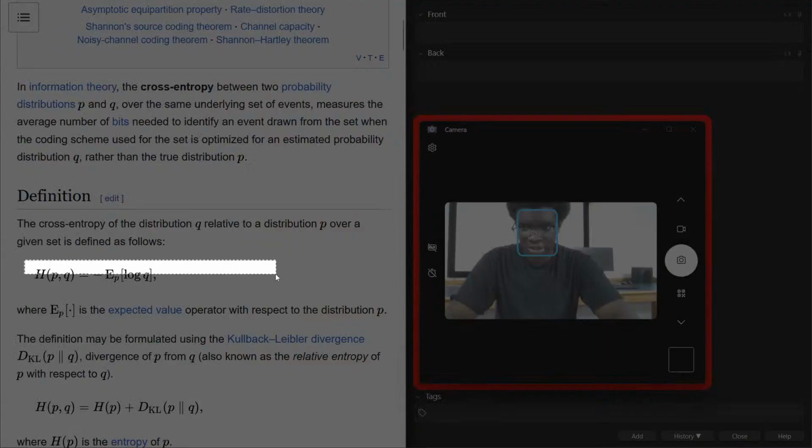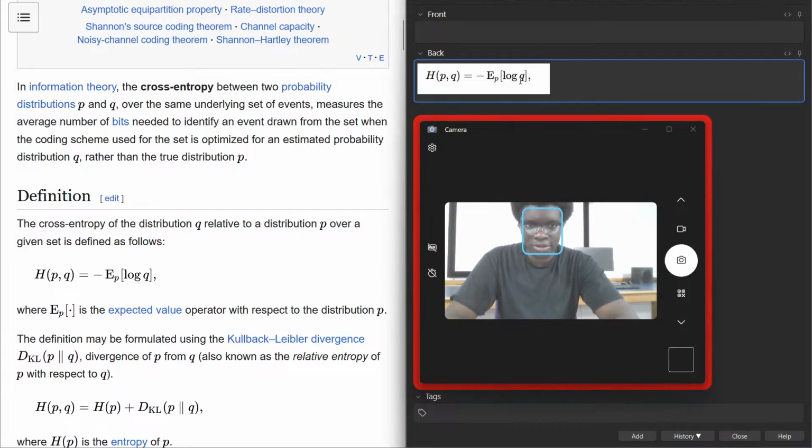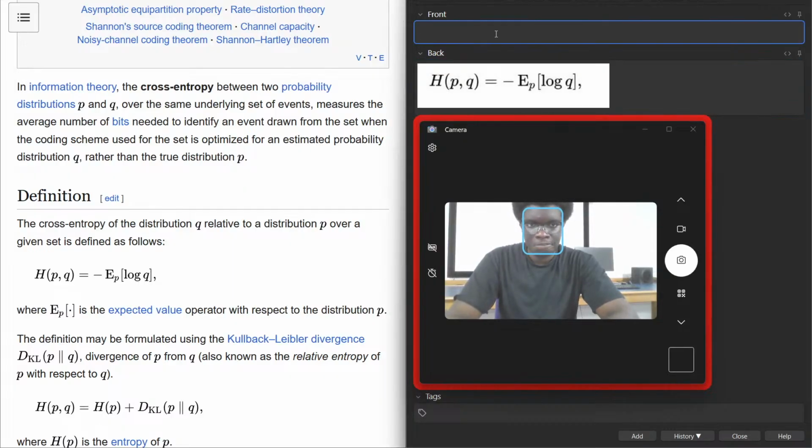I'll screenshot this, but then I need to review how this is different from KL divergence. H of P, Q. Oh, okay.